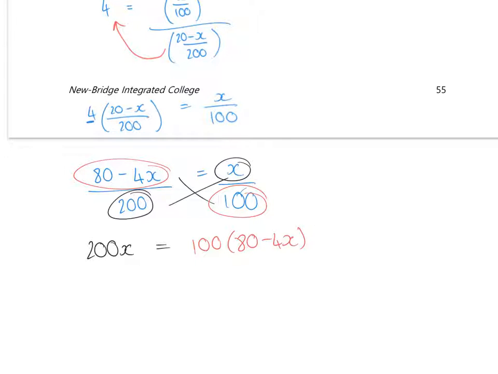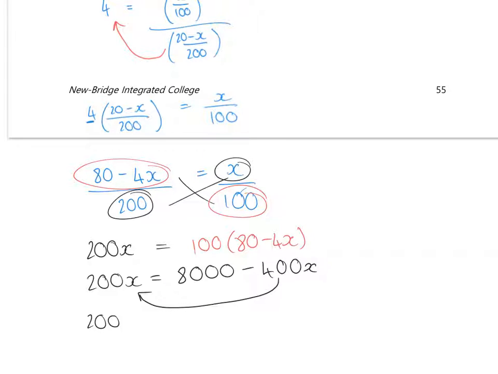Multiply out that bracket, you should get 200X is equal to 8,000 minus 400X. Again, I want to bring my x's to the same side of the equation. So bring my minus 400x over to the left hand side. It's minus on the right hand side, so it needs to be plus on the left hand side.